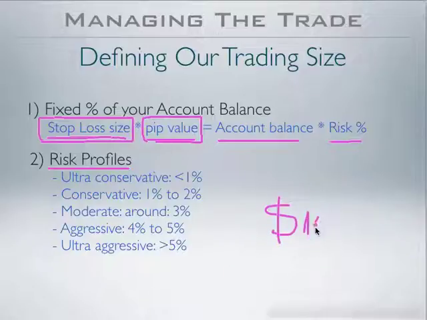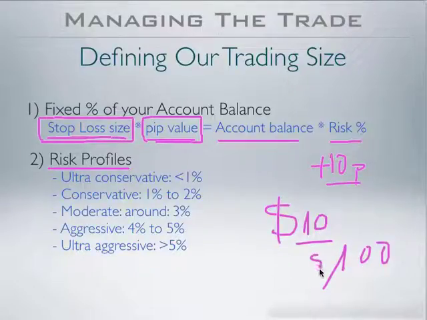If you are trading one standard lot on the euro against the American dollar and you make, let's say, 10 pips, you multiply 10 pips by $10, and obviously you will make $100 of profits in that particular trade.